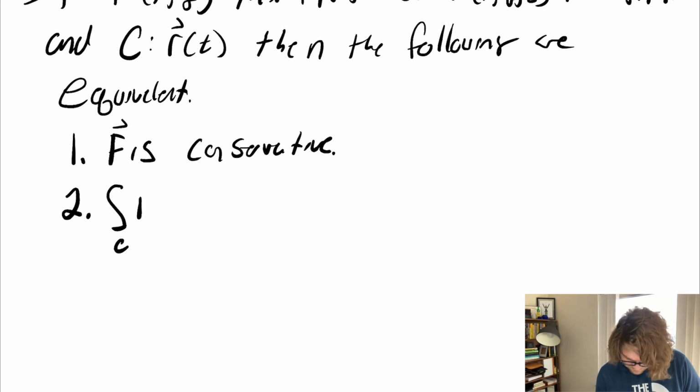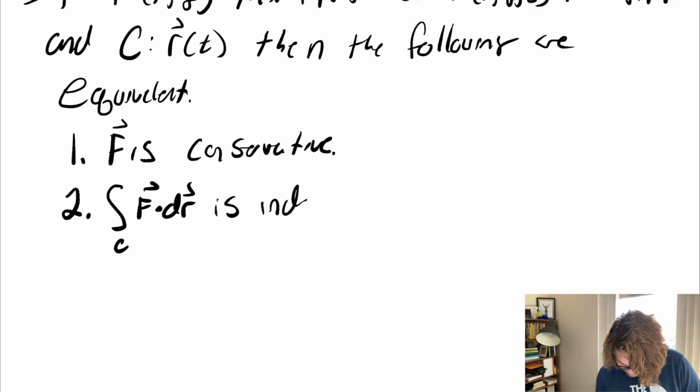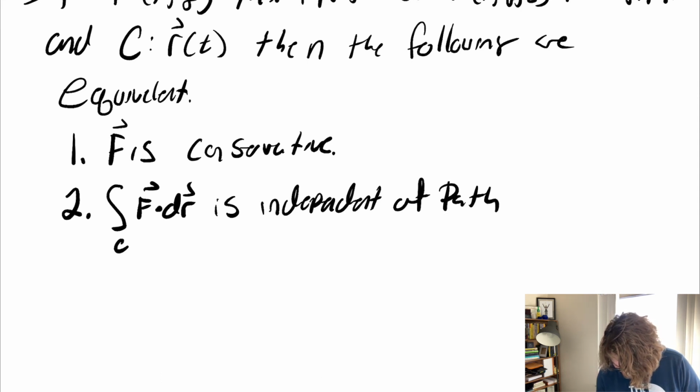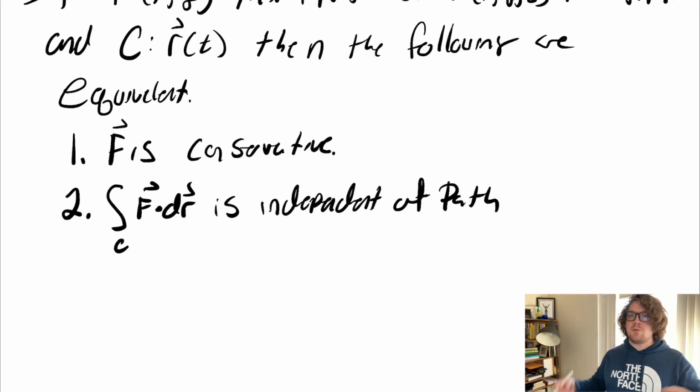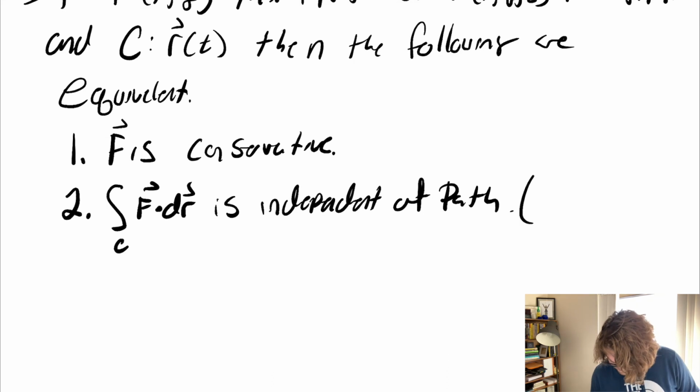The integral over that curve C of F dot dr is independent of path. Meaning you can pick any path that you would like to evaluate this integral from where t equals a up to t equals b, and you're going to get the same exact value. Basically this is just a fancy way of saying the fundamental theorem of line integrals is applied.